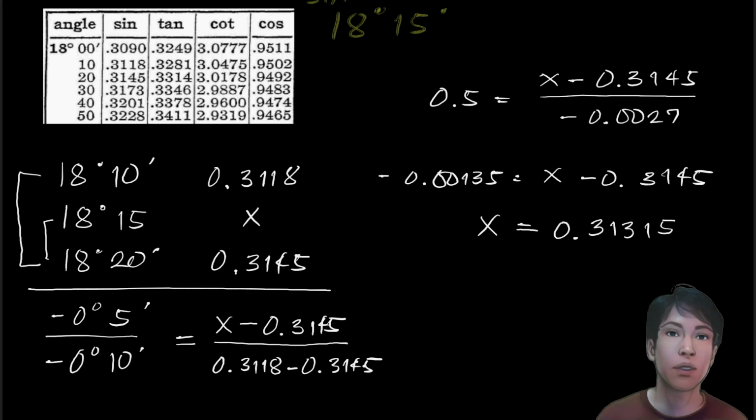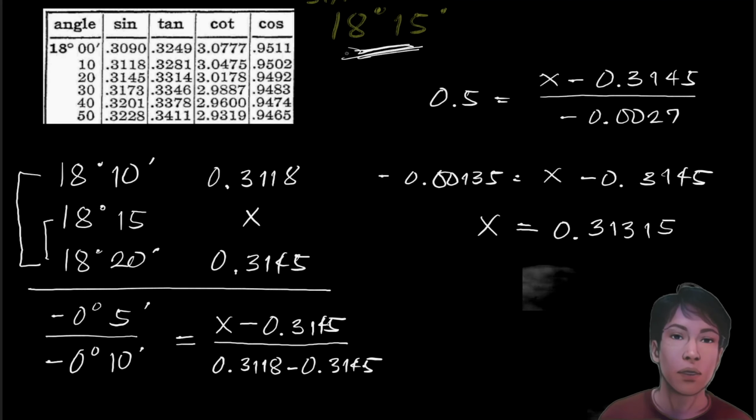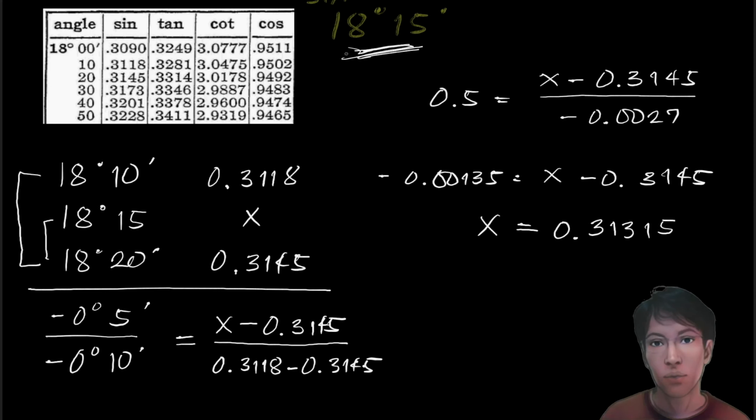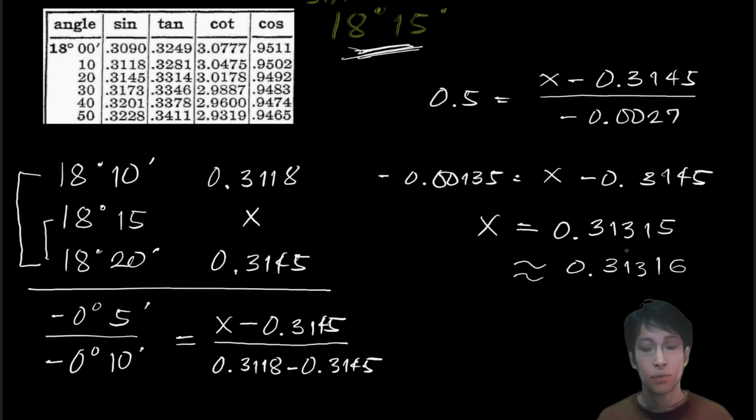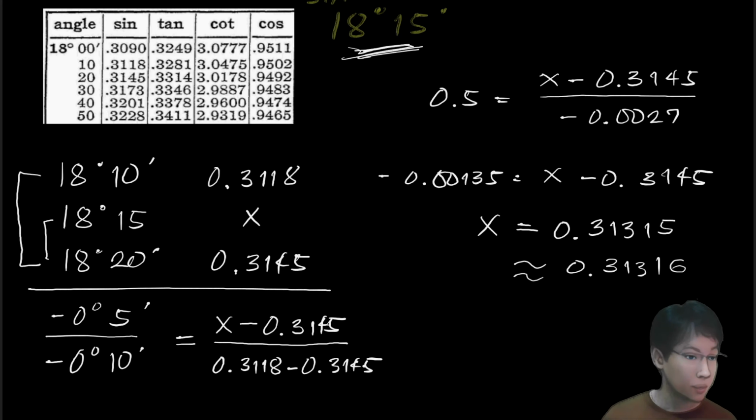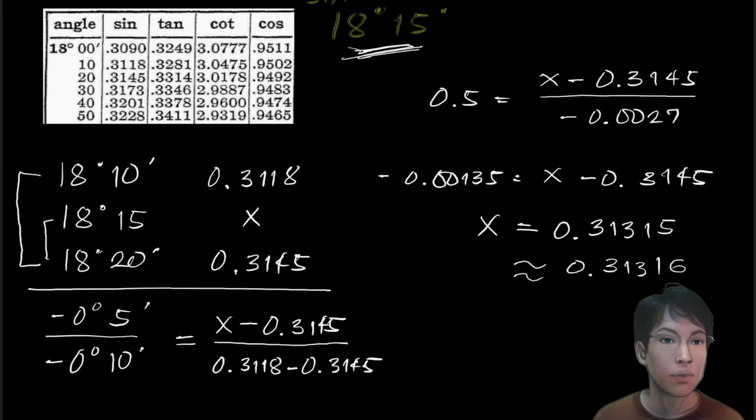If you input this straight to your calculator, trigonometric functions, this is approximately equivalent, so this one is almost equivalent to the one in the calculator, 0.31316. So they're almost equal. Okay, so that's a sample of interpolation.